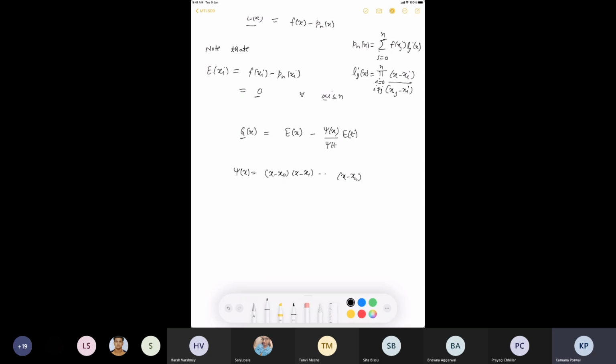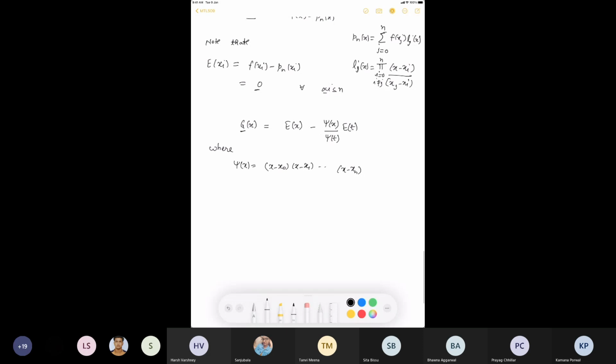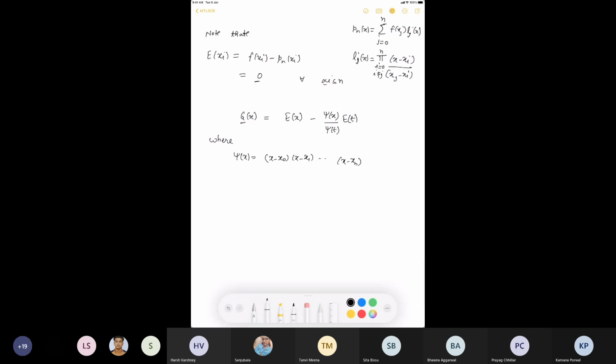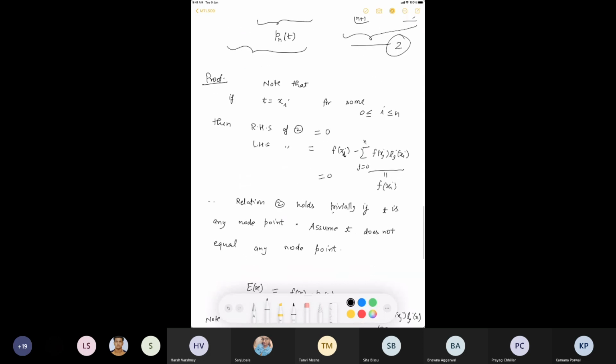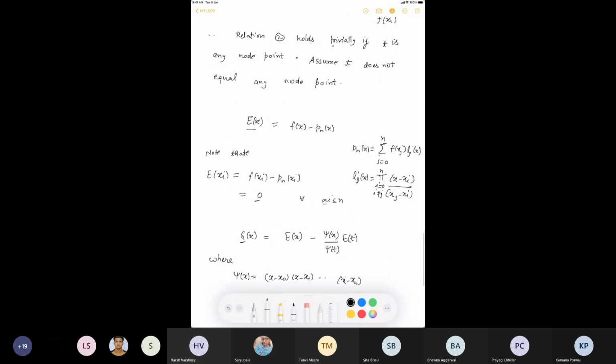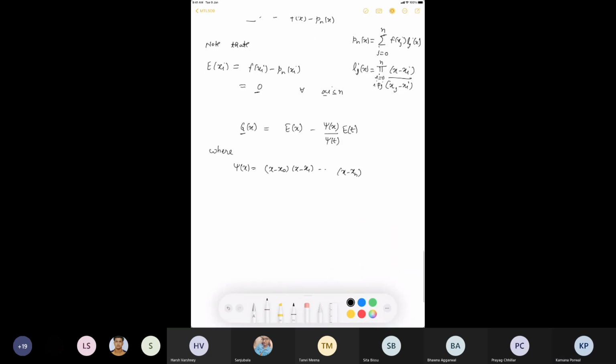So I will divide by psi of t. Let's call it 3. So we are defining this function.